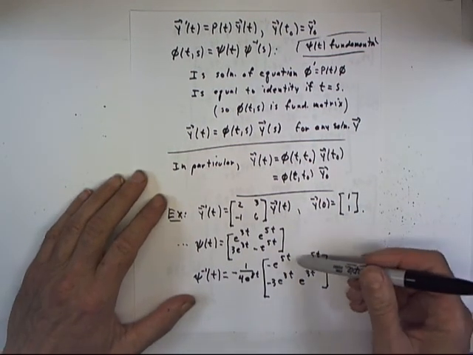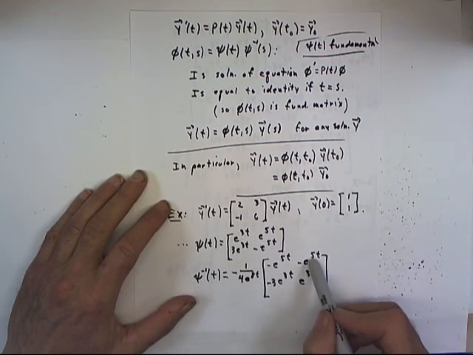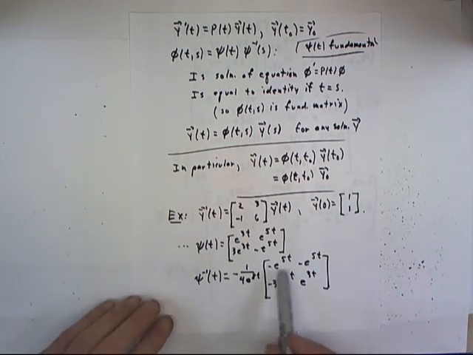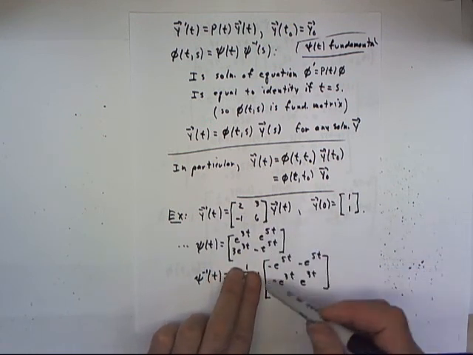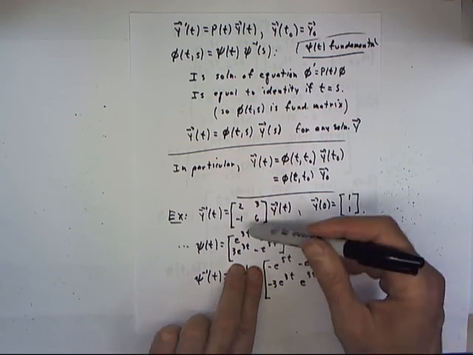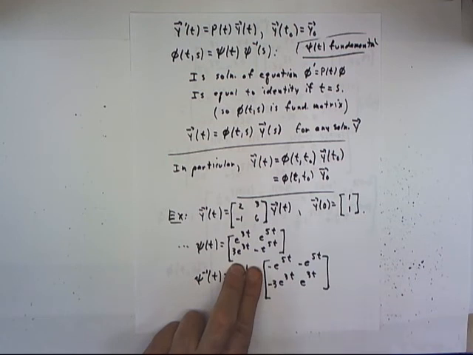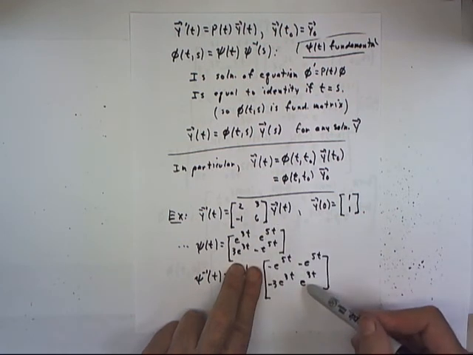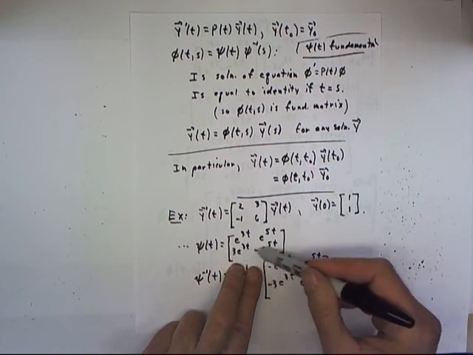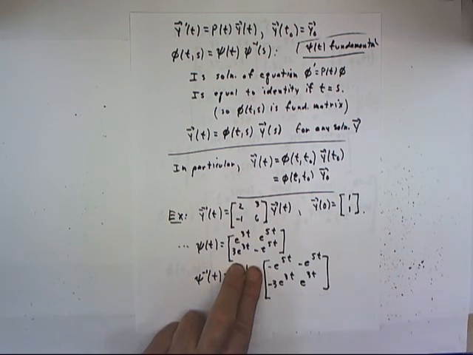In any case, the inverse of this matrix is the reciprocal of the determinant multiplied by these entries. If we multiply the two matrices, ignoring the constant out in front for the moment, we get negative 4 e to the 8t, then 0, then 0, then again negative 4 e to the 8t.